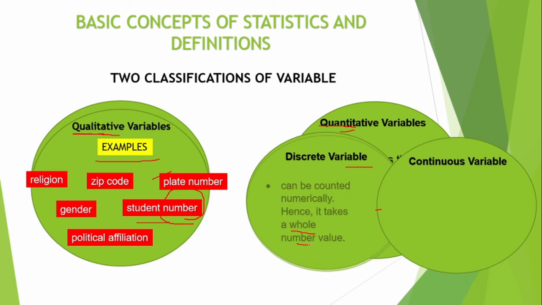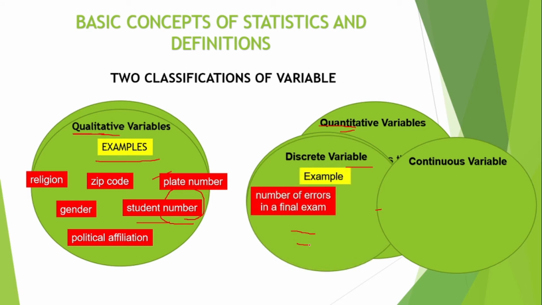For example, the number of errors in a final exam. Di ba, especially when the type of exam is multiple choice, wala naman doong 1/2, wala naman doong 0.5 and so on. So the number of errors is just a whole number. And of course, the number of siblings. Whole number lang siya.